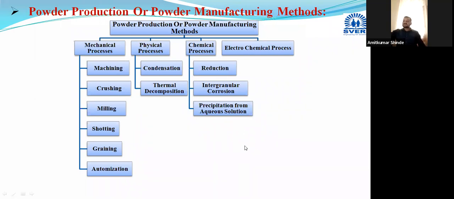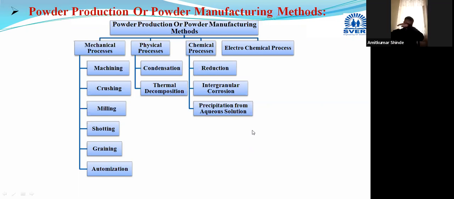Suppose a CuSO4 aqueous solution is there, and if you add iron in that, then the iron will displace the copper and form FeSO4 or its respective compounds, and copper particles will be separated.